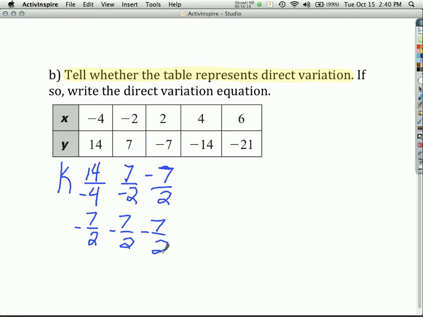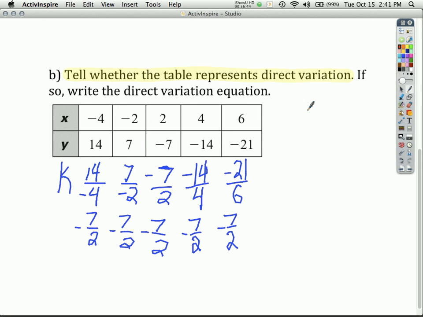Negative 7 halves. Is k the same for all of them? Yeah, so that means that this is a direct variation model. If we keep checking, we will see that they all come out to negative 7 over 2. So now we have checked, and we can say that yes, this is a direct variation.